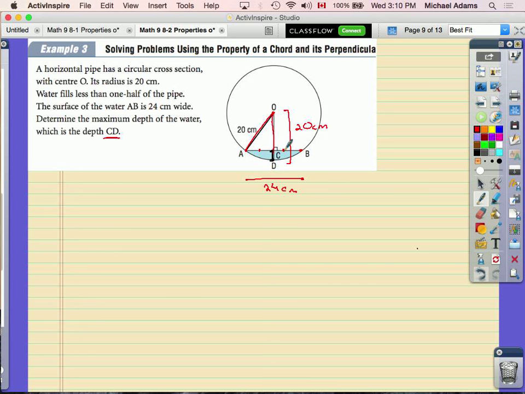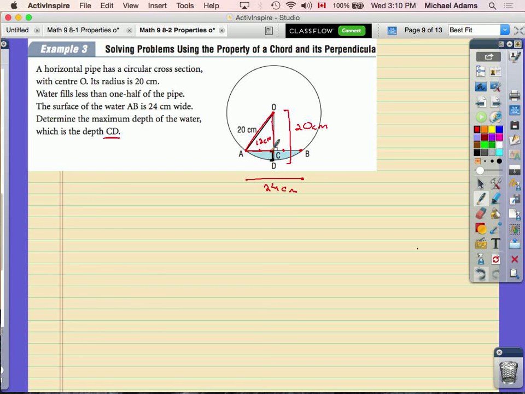If we know that from here all the way to here is 24 centimeters, then this must be 12 centimeters, and that means this also is 12 centimeters. Now I think we have enough information to start putting together what we know.